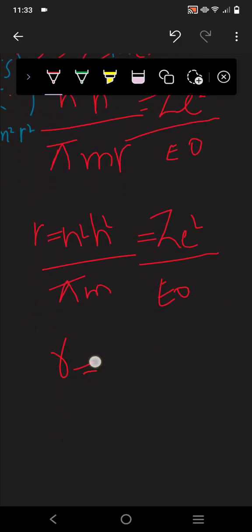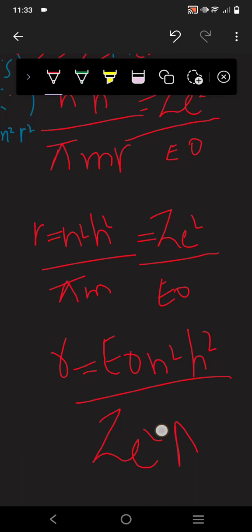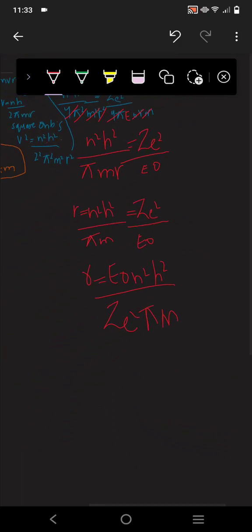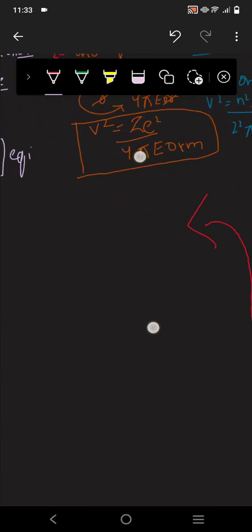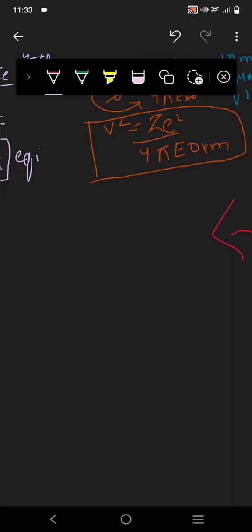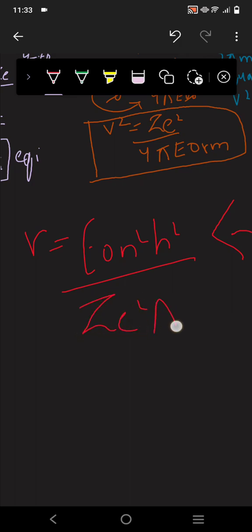Then R is equal to epsilon naught n square h square upon z square pi m. I know that is gonna be a bit lengthy, but believe me, this is gonna help a lot. That was our last statement.